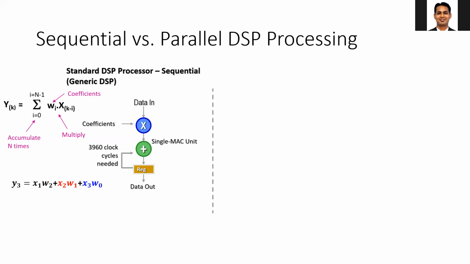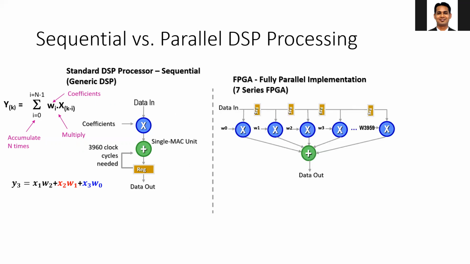But as we have discussed, one MAC may take more than one clock cycle. Nowadays we have some DSP processors which can perform the multiply and accumulate operation in one clock cycle. On the other hand, in the case of the FPGA, you can do these operations in parallel so that everything can be done using a single clock cycle.